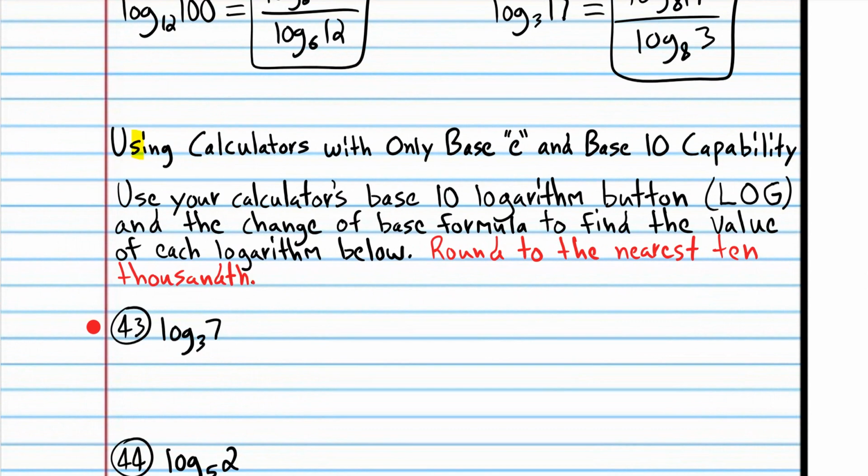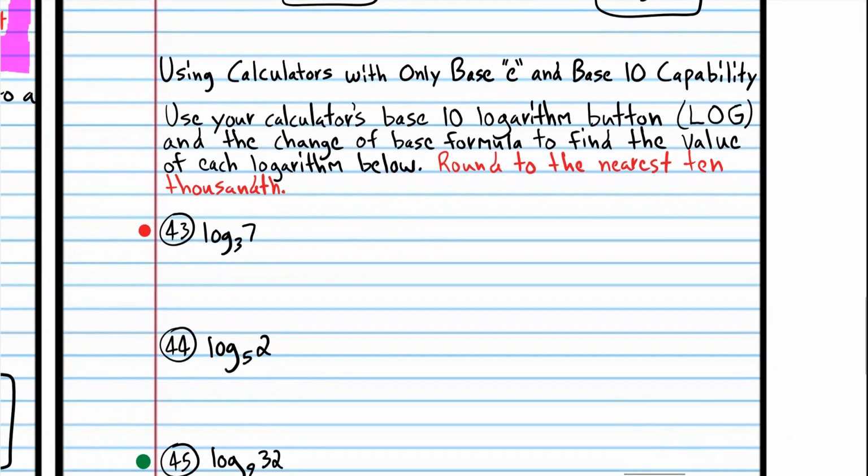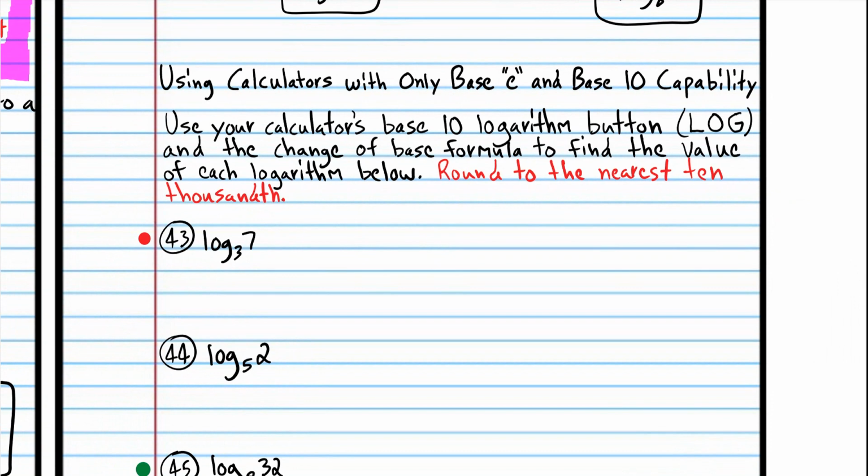So now we're going to assume that we're using calculators that only have base E and base 10 capability. So it says use your calculator's base 10 logarithm button and the change of base formula to find the value of each logarithm below.